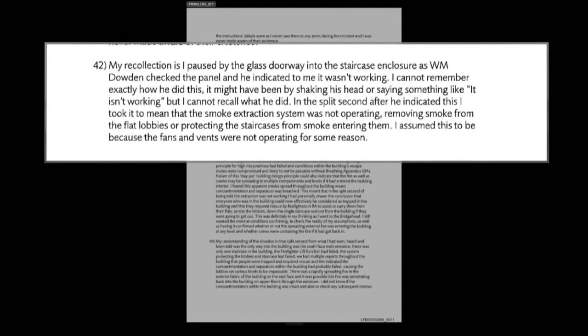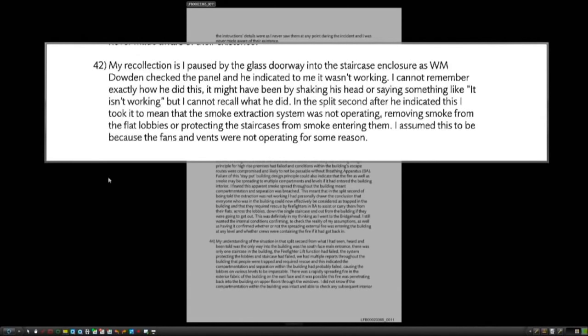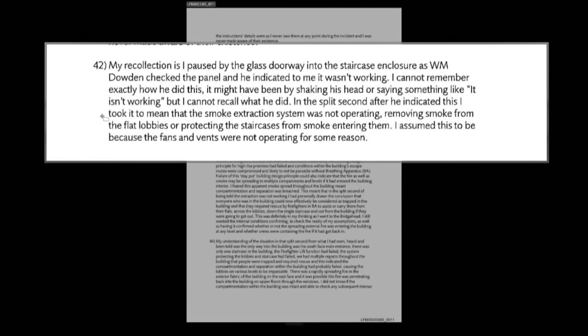You say in paragraph 42, it's page 11 internally, you record Mike Dowden saying it isn't working, and then you say, in the split second after he indicated this, I took it to mean that the smoke extraction system wasn't operating, removing smoke from the flat lobbies or protecting the staircases from smoke entering them. I assumed this to be because the fans and vents were not operating for some reason. Now, that's an assumption, is it, that you made on the night?